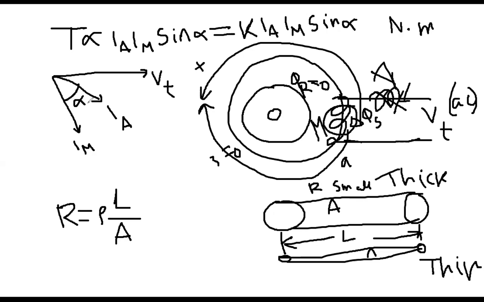That is the reason the coil is designed accordingly. The auxiliary winding design is different from the main winding. One is thicker, the other thinner, to create a difference in resistances so that they cause the angle alpha.